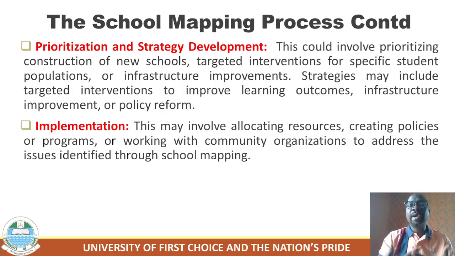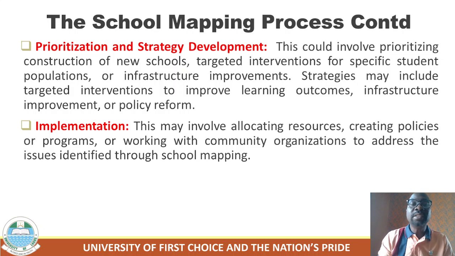So, school A needs the following kinds of resources, then we allocate. We need to come up with new policies that will address the needs of special needs children. Then we come up with the policy. What about the programs? Can we put in place individualized education programs, IEPs, that will target special needs children?